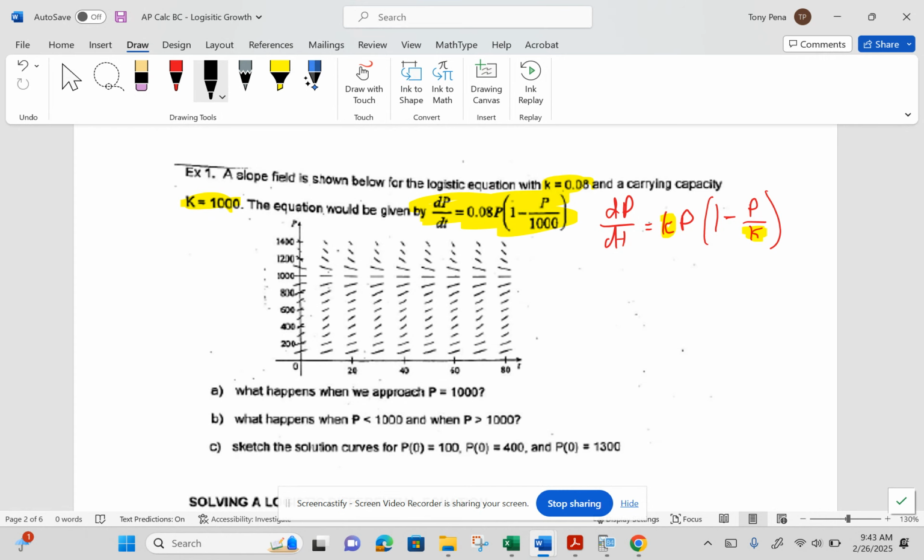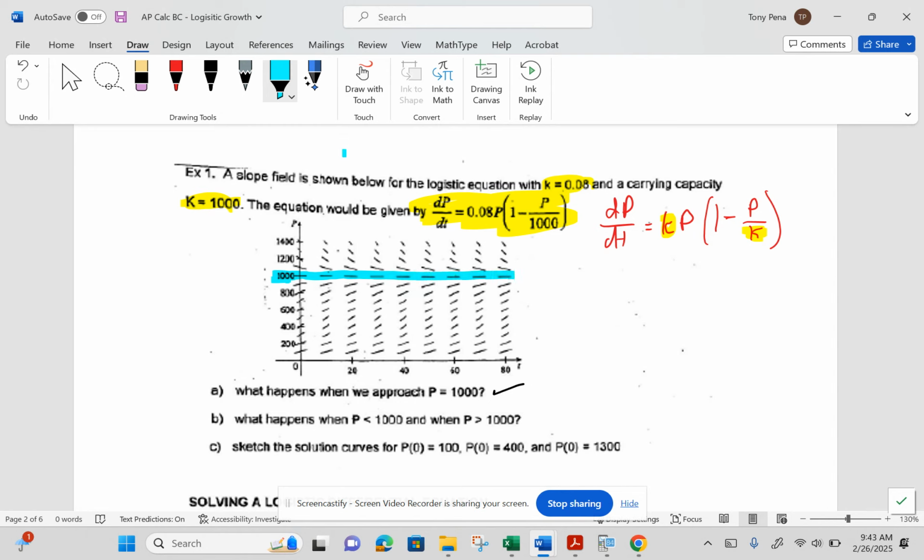All right, so if we look at that slope field, it says, what happens when we start to approach a population of 1,000? So if we come over here to that population of 1,000, look at what happens as we go to the 1,000 there.